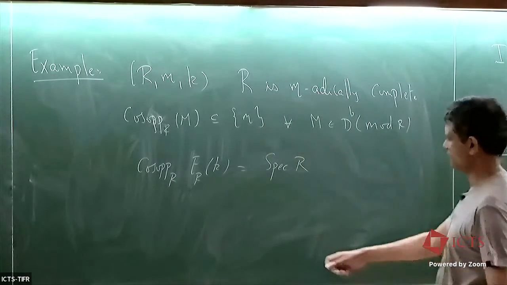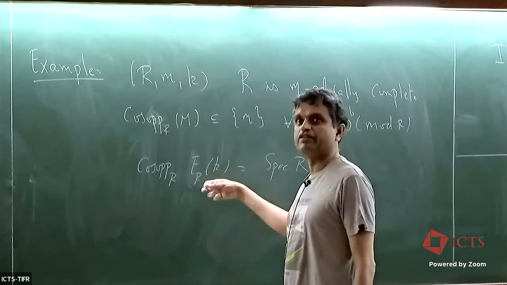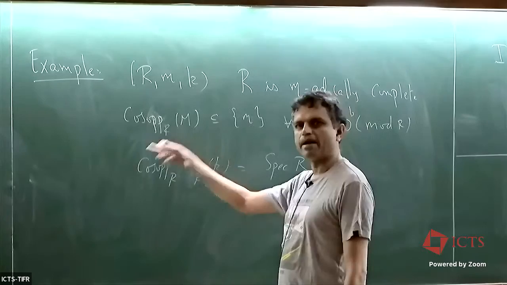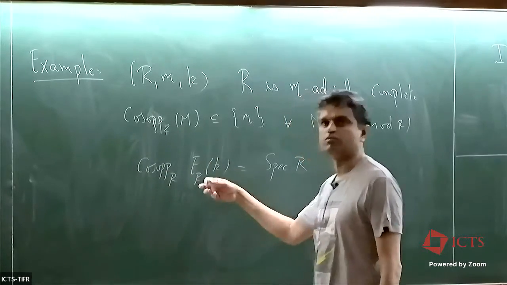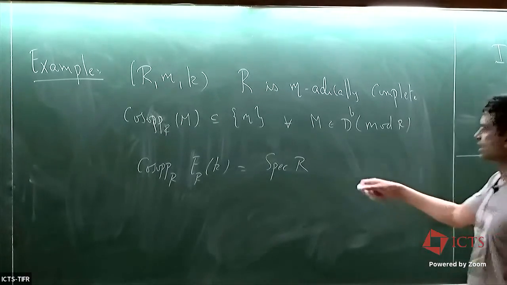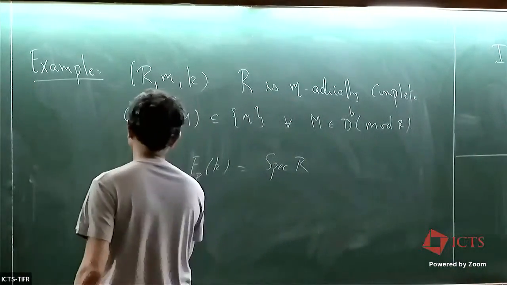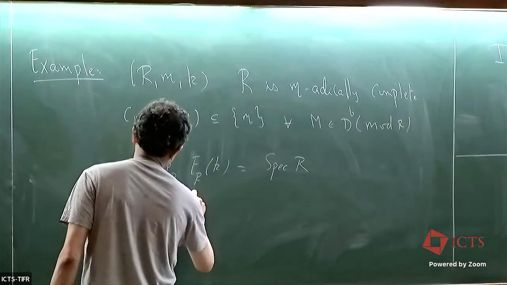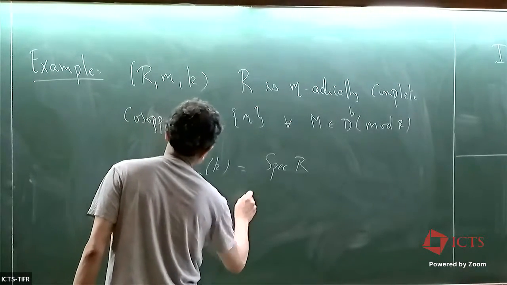That's because this is a faithful injective. Given any module, there will be a non-zero map from that module to E. So it must mean that there are maps also from any residue field to E. That's why it's all of Spec. Whereas this, of course, just to contrast, the support of this is just the maximal ideal.